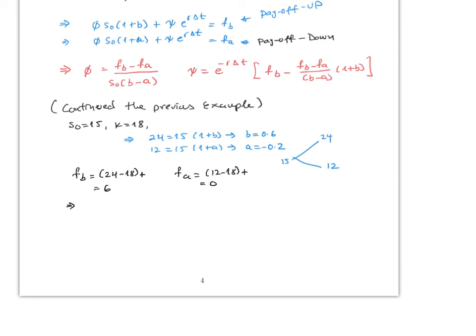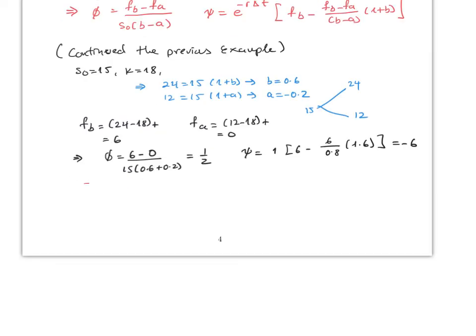So then from here, phi, if you plug in the values, it will be 6 minus 0 over 15 times 0.6 plus 0.2, because minus and minus is plus, is equal to 1/2. And then psi will be 1, because the interest rate was 0. It will be 6 minus 6 over 0.8 times 1.6, and this is equal to negative 6.